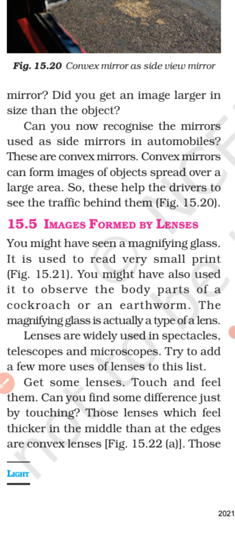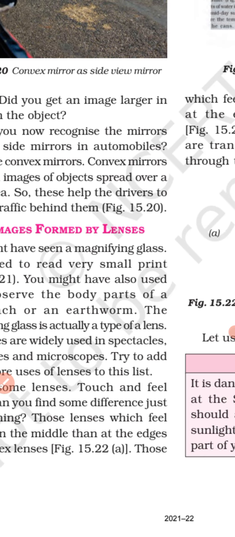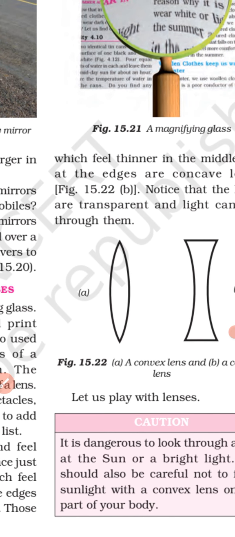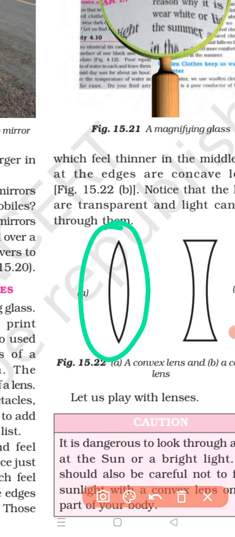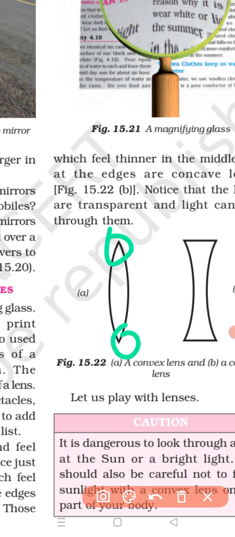If you touch the magnifying glass, you will feel that it is thicker in the middle portion, but thinner at the edges. So a magnifying glass is actually made up of a convex lens, and this is the representation of a convex lens. Thicker in the middle, thinner at the edge.